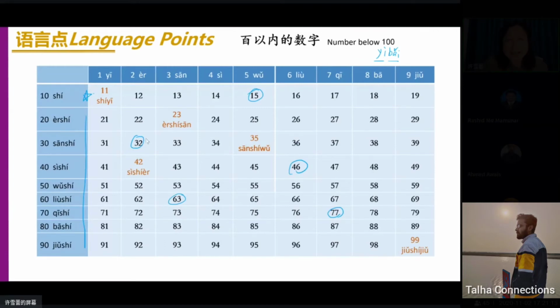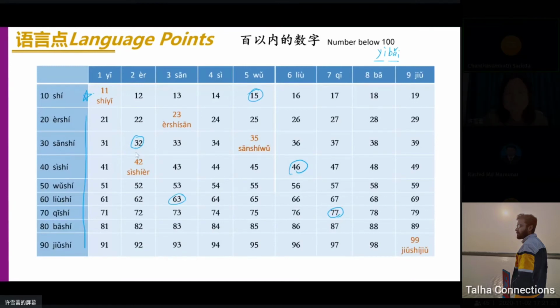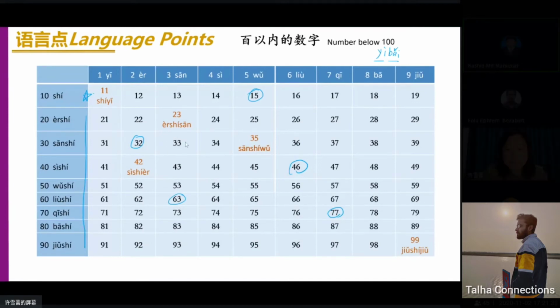29. How to read this one? Can you tell me how to read this one? 32. 32. 35. Great.